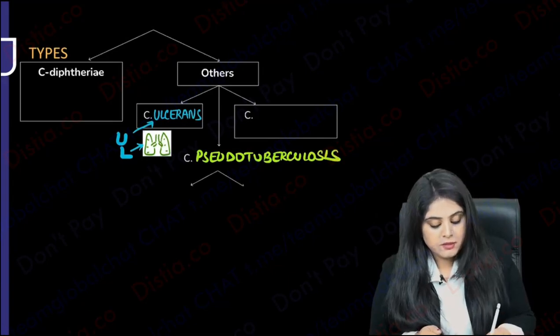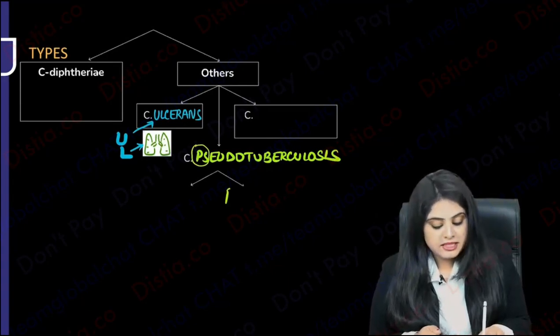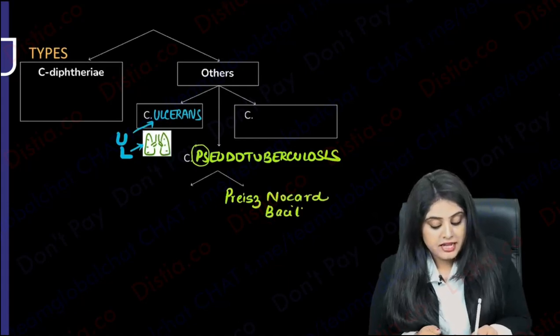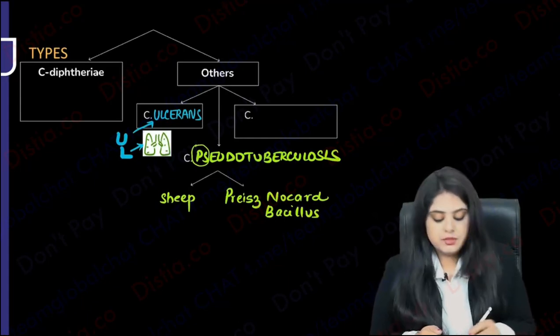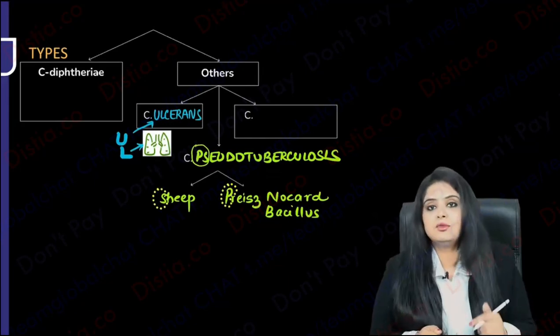Because here also I will pick up these two alphabets. What is P and what is S? So P tells me that the other name of this bacteria is going to be the Preisz-Nocard bacillus, and S is that this doesn't cause infection in humans, this causes infection in sheep. So repeating, P for Preisz-Nocard bacillus and S for sheep, that is pseudotuberculosis.